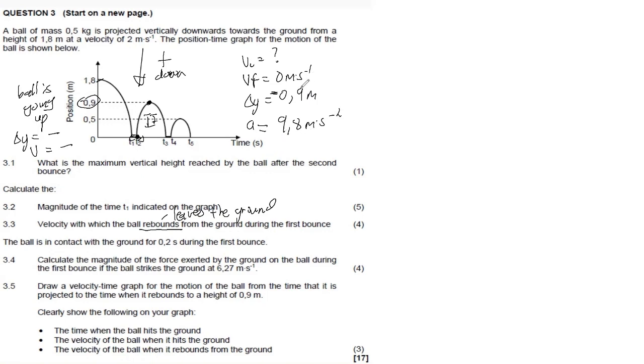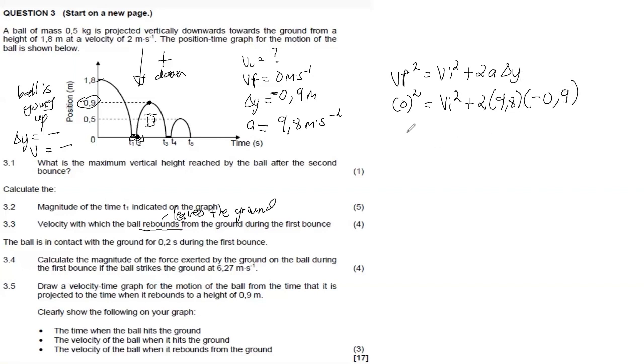Then we are looking for VI, so we can use the formula that goes VF squared is equals to VI squared plus 2a delta y, and then the VF is 0, so substitute there, 0 square. Then the V initially, that's what we are looking for, can substitute positive 9.8 here, but then right here we'll have negative 0.9.